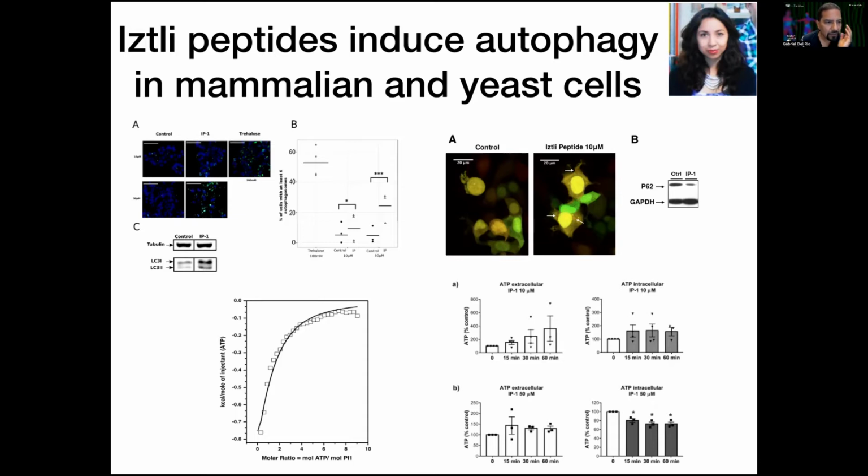In the presence of the Ishli peptide, you see an increased number of these green dots, not as much as a positive control of autophagy, which is 3 allos, at low concentration, but at a higher concentration, it reaches about the same number of autophagosomes in these cells.